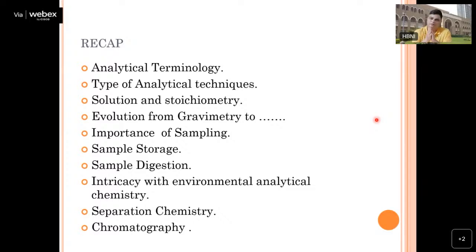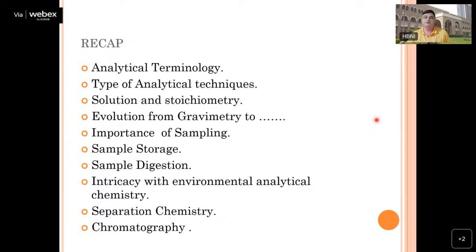In relative methods, it can be done using any simple standard samples, but in a comparative method, it should be a similar matrix. For example, if you want to analyze copper in steel samples, you must have that steel only. Whatever calibration curve you plot, you will have different concentrations of copper in those metal samples only. That's the difference between the relative methods and the comparative methods.